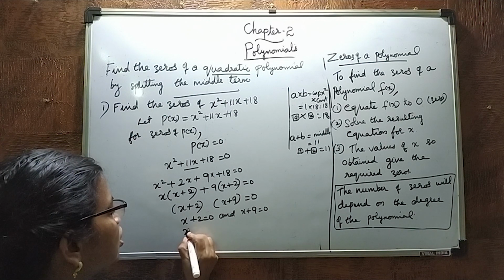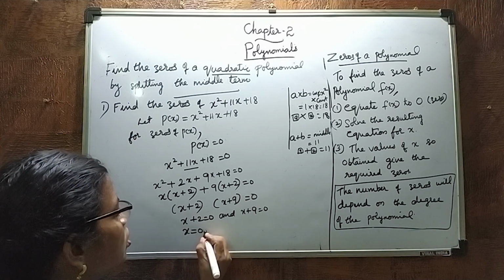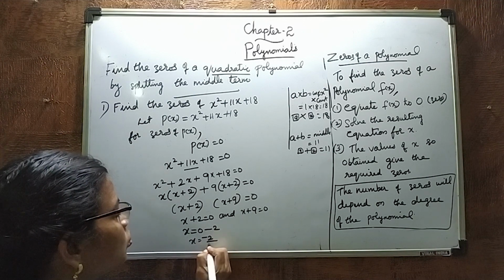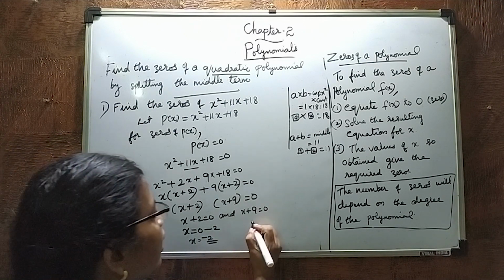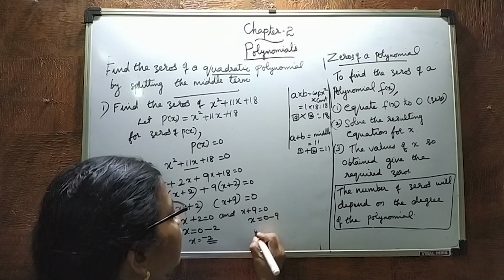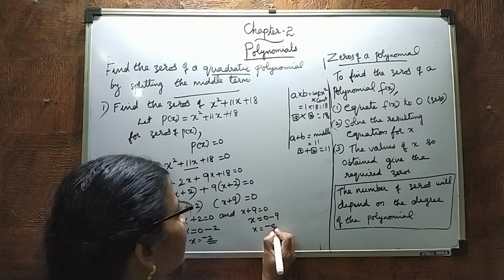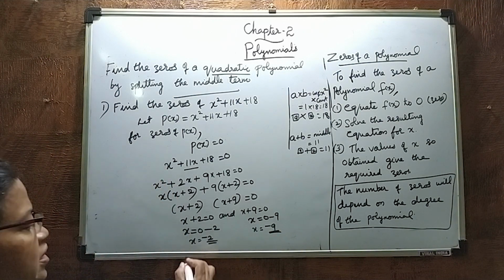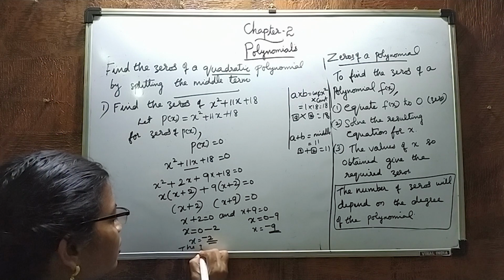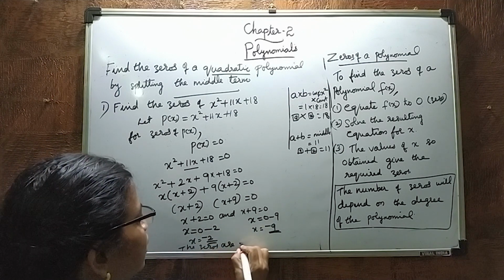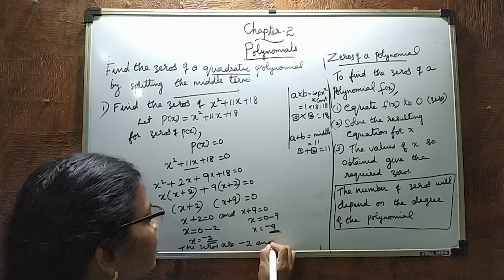Now x plus 2 equal to 0 means x is equal to 0 minus 2, so x is negative 2. And x plus 9 equal to 0 means x is 0 minus 9, x is negative 9. So the zeros are negative 2 and negative 9.